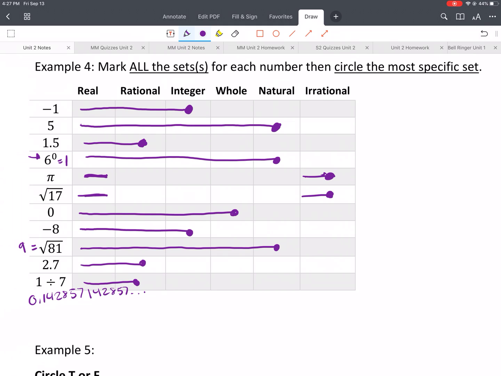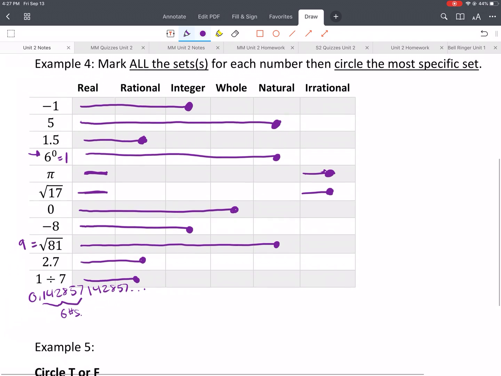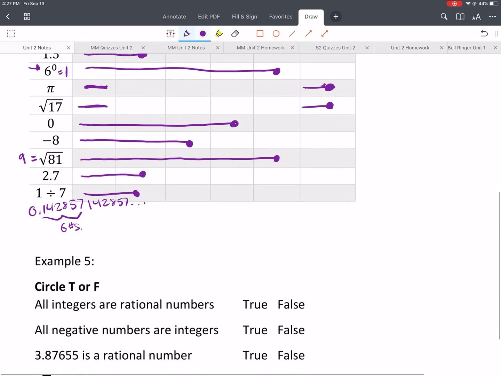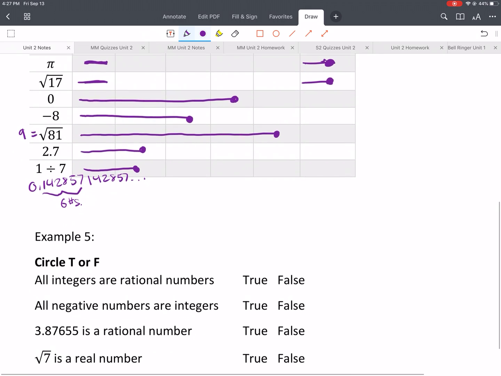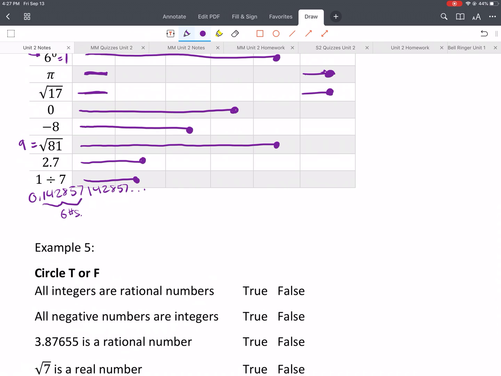You notice this is six numbers. Sometimes the pattern gets kind of big, so make sure you check it. Don't look at the first 4 or 5 digits and say, oh, there's no pattern, it must be irrational, because we know that 1/7 is a fraction, so it is rational.